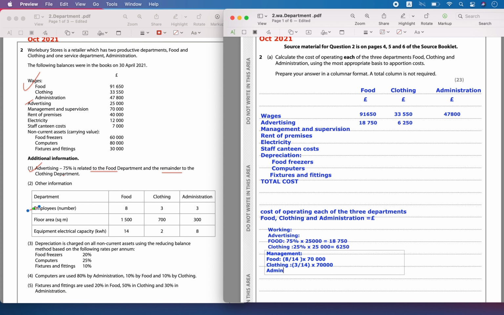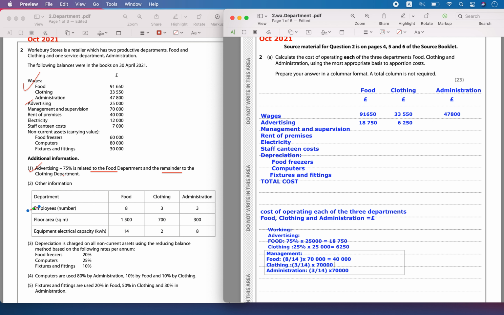Then you have the administration department, which is also getting 3 out of 14 parts of the 70,000 to apportion. Now let's calculate these values. 8 out of 14 of 70,000 is equal to 40,000.